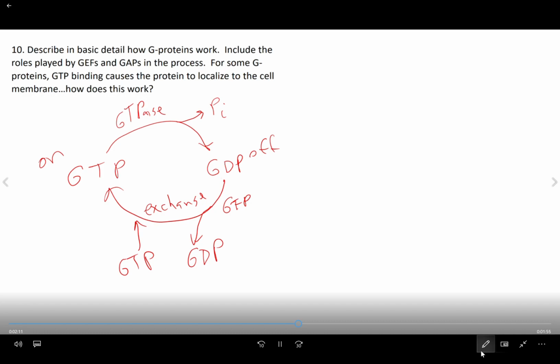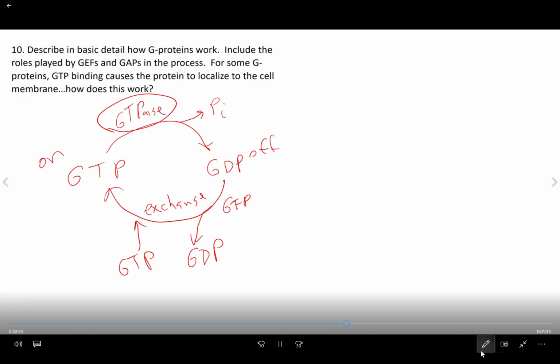Now GEFs basically accelerate this exchange process. GEFs stand for guanine exchange factors. So they help accelerate the exchange process. GAPs stand for GTPase activating proteins. So they activate the GTPase portion of this cycle.